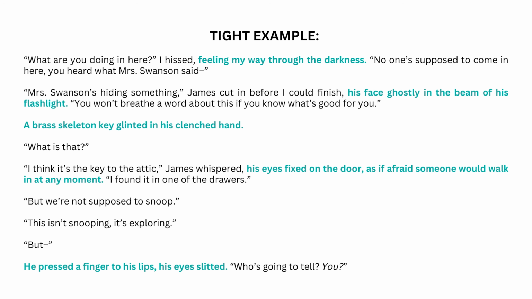So as you can see in that example, we have a lot fewer words going on, but there's still a lot of flavor. There's a lot of mood to what's happening. We see that it's a dark room because we're feeling our way through the darkness. So we shortened a dialogue tag from barely able to see in the dark room, lit only by the pale glowing moon beyond the frosted bay window, to feeling my way through the darkness. And I already see it's a dark room.